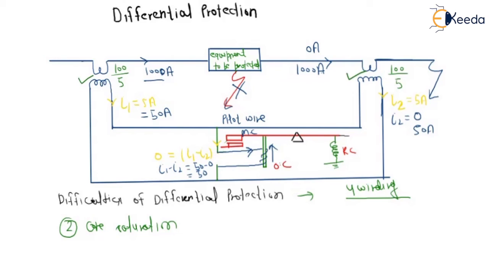Though these two CTs are made of the same material, they cannot have exactly identical saturation levels, because of the process when the metal is melted and then cooled. If any different temperature occurs during cooling, any difference in temperature will lead to a difference in the saturation level of the CT. So this is the drawback.